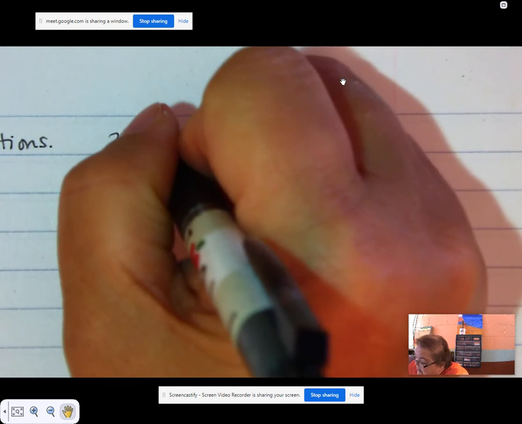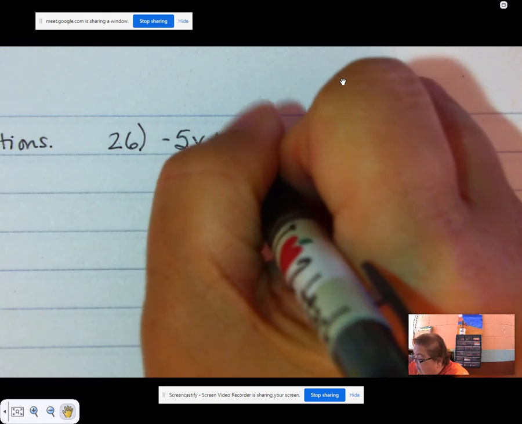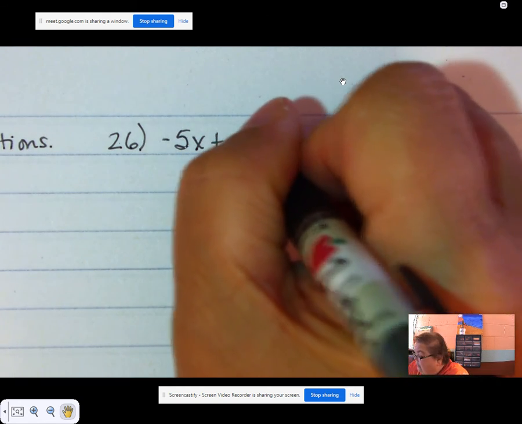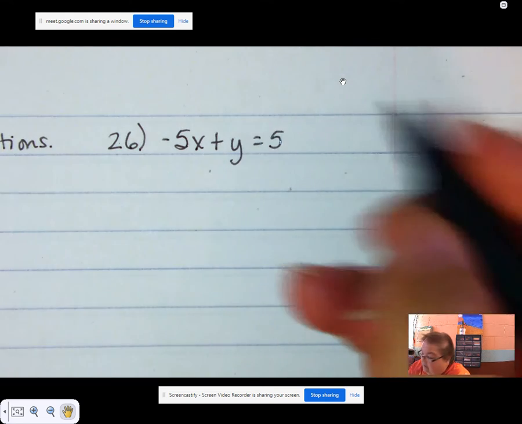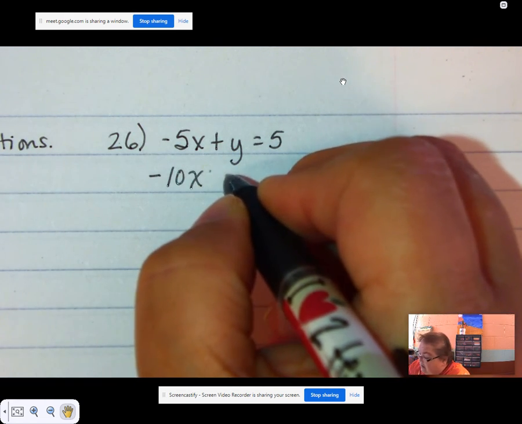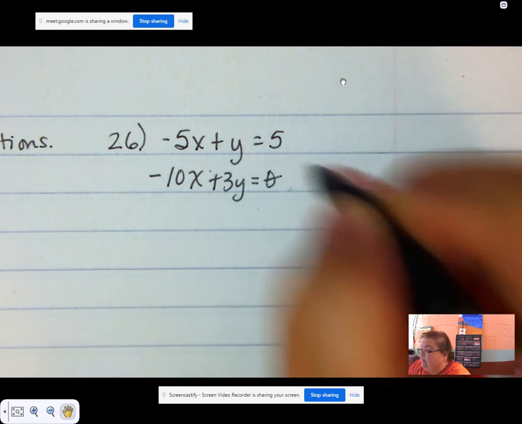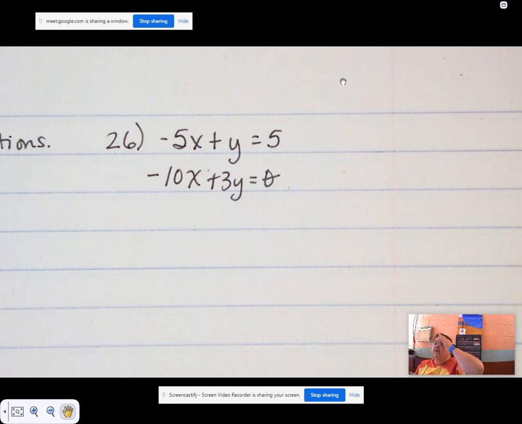Here we go. I've got -5x plus y equals 5. -10x plus 3y equals 0. Elimination means I need to eliminate one of those variables.